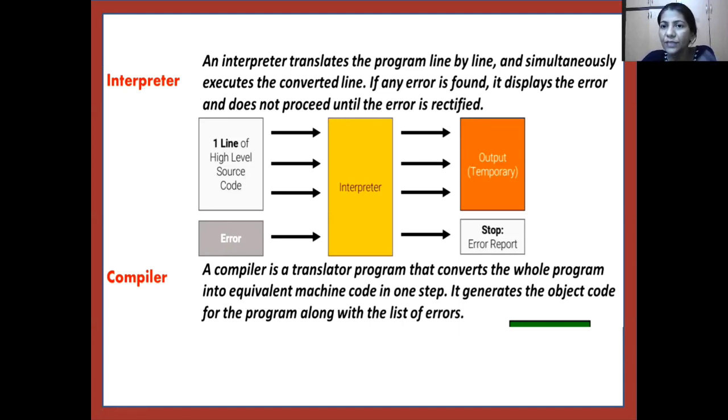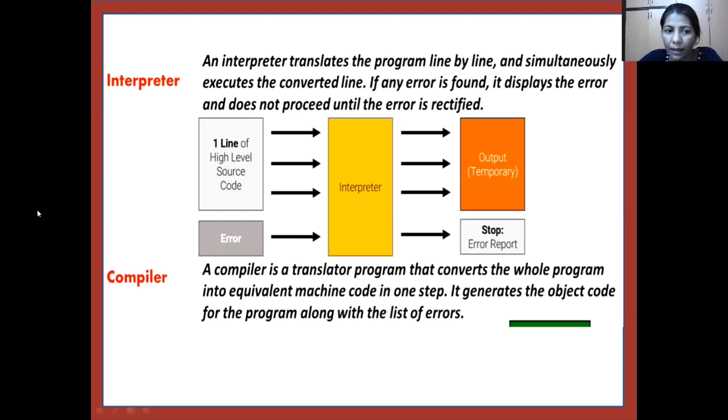It translates one line at a time, and if it finds any error or mistake in that particular line of code that we have given to the computer, it stops the translation and gives you an error message. It tells you to resolve this error. Till then it will not move ahead.